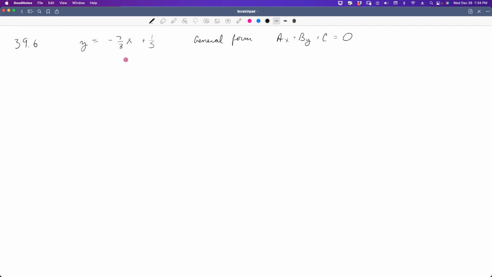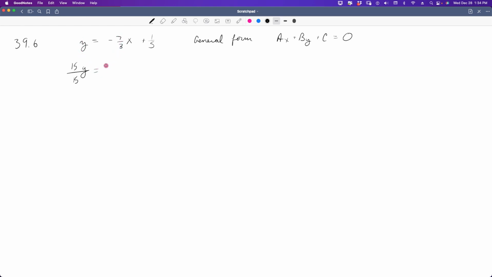So the first thing we need to do is to get whole numbers, because these are fractions. So we need to turn these into whole numbers by finding a common denominator. So let's do that. Our common denominator is going to be 15 here. So if I multiply this by 5, this is going to be 15y over 15, right? Because that's just 1y.